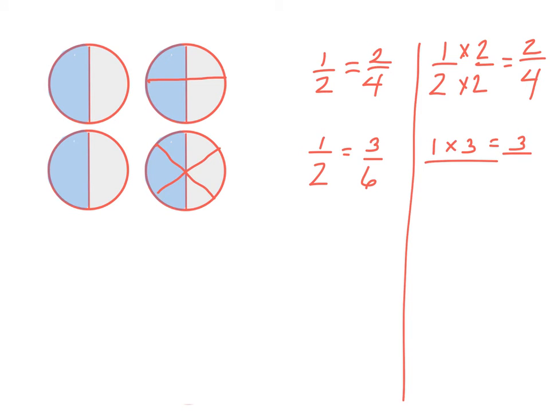And we're looking at now the denominator. So there's only 2 parts here. And then when we divided it into these 6 equal pieces here, we had to multiply that also by 3 because that 6 is 3 times as many as 2.